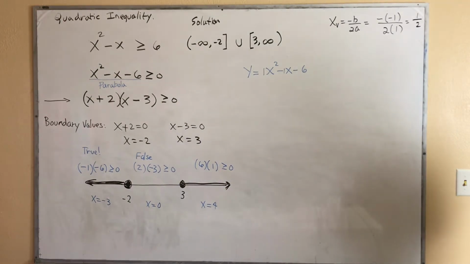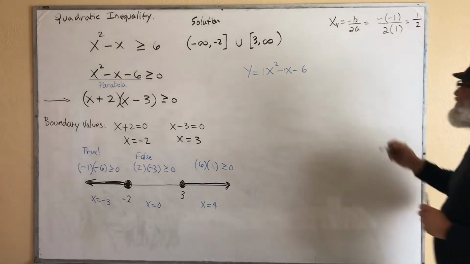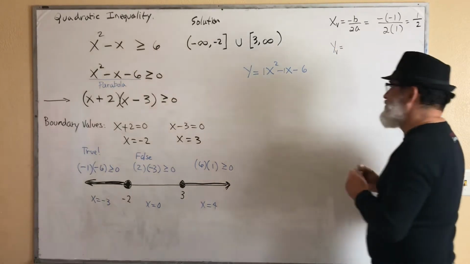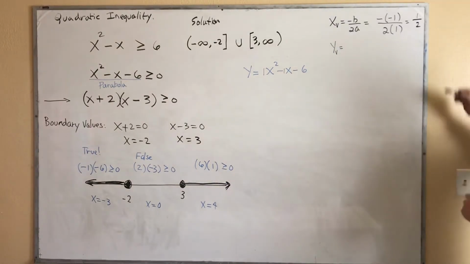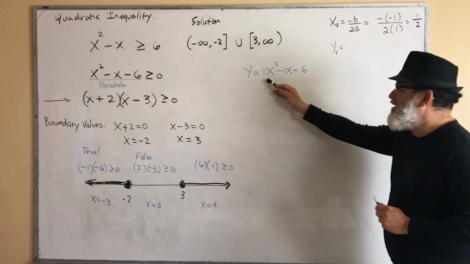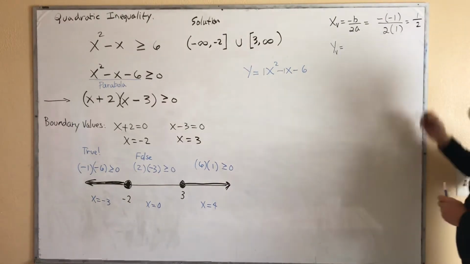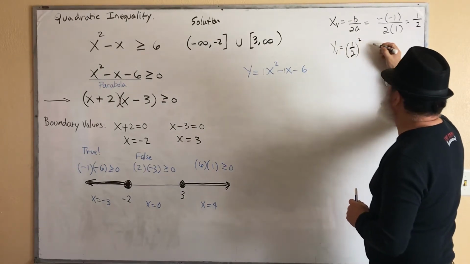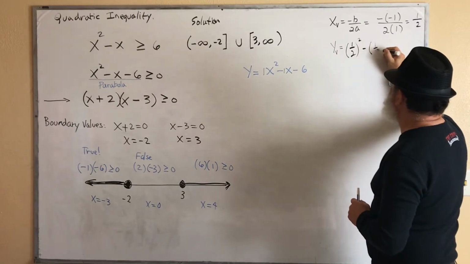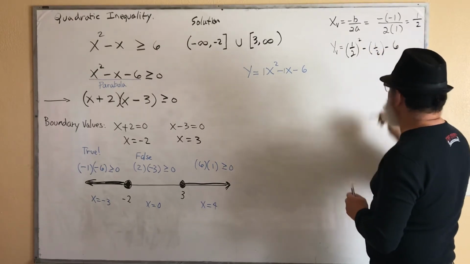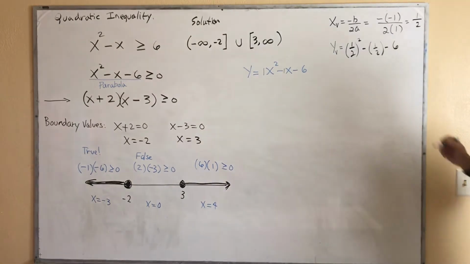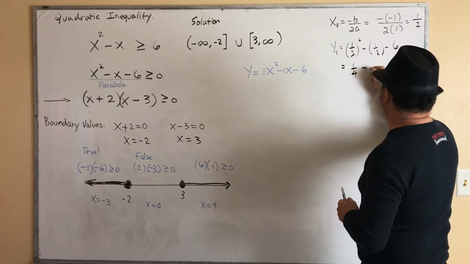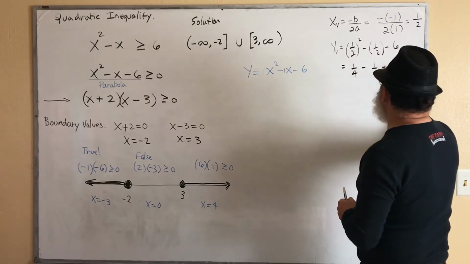What is the y-coordinate of the vertex? I'll just plug this into my quadratic. Take half squared minus half minus 6. What is half squared? 1/4 minus half minus 6.